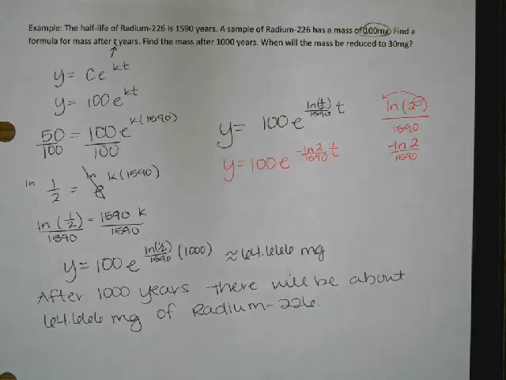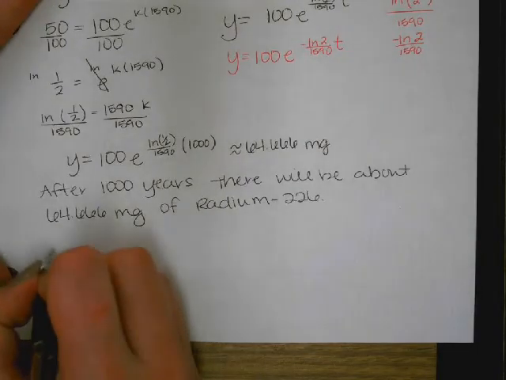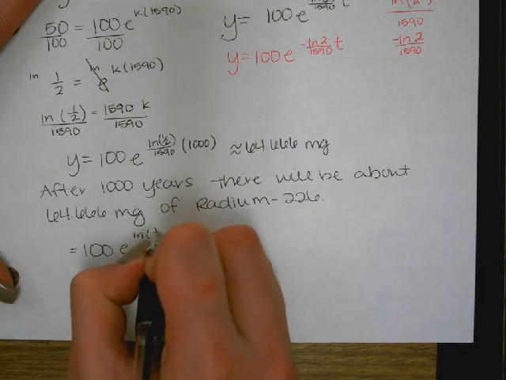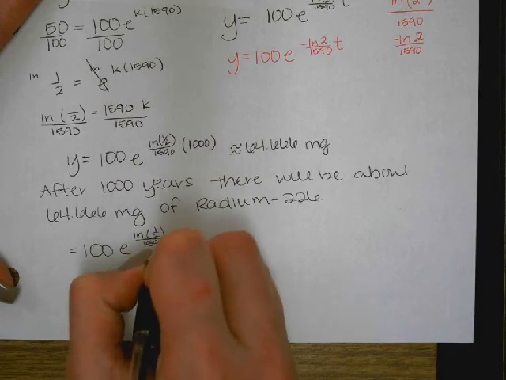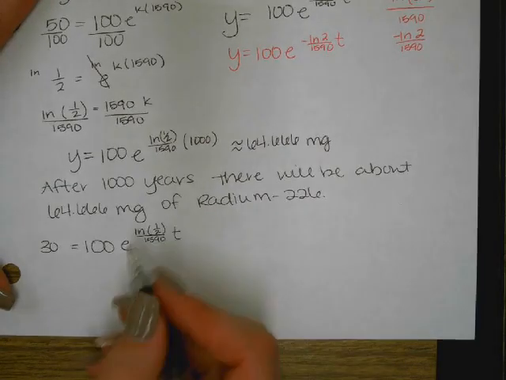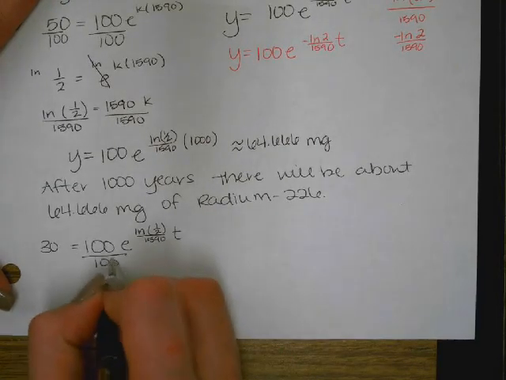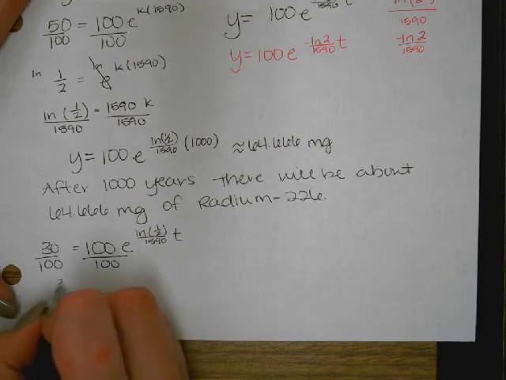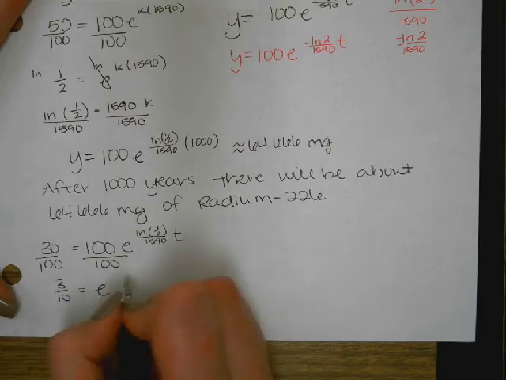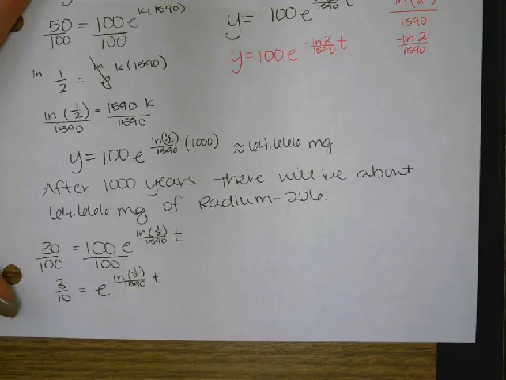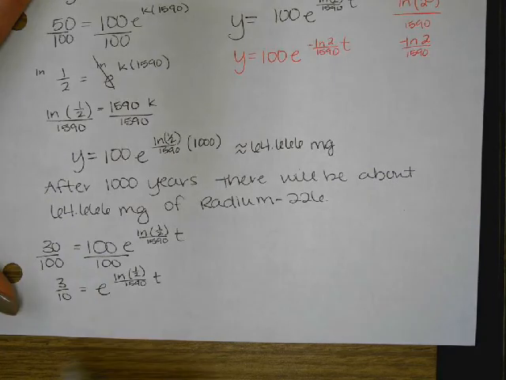Okay. Last, when will the mass be reduced to 30 milligrams? So now we're going to go ahead and just say we have 100 e to the ln of 1/2, and that's going to equal 30 milligrams. And then we want to solve for that t, so we're going to do that same process that we did when we solved for k. We're just going to solve for t instead. So we have 3/10 equals e to all this stuff that I'm getting sick of writing. And we can go ahead and ln each side.